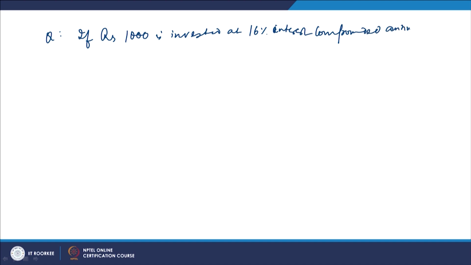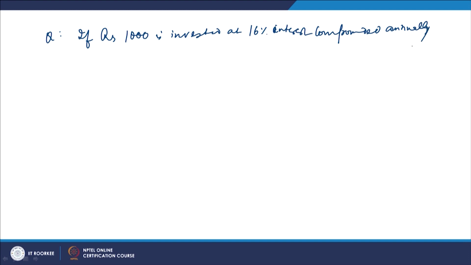So, let us start with question one. Rupees 1000 is invested at 16% interest compounded annually, at the beginning of year 1.